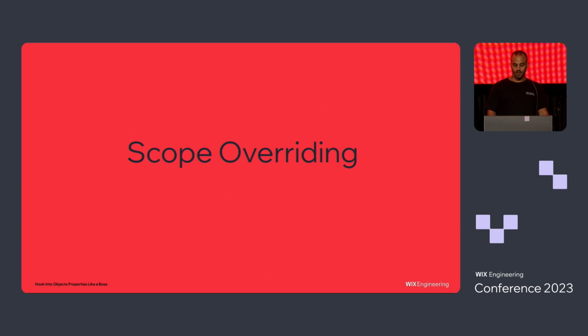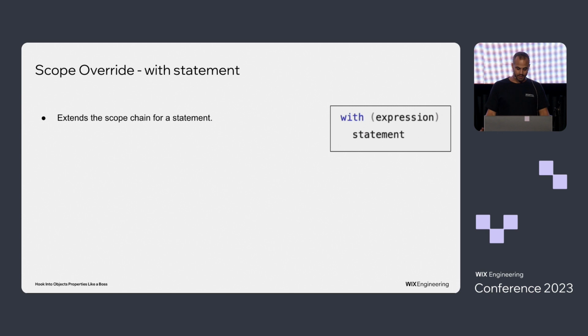Okay, another cool API that JavaScript has is scope overriding. The with statement allows extending the existing scope. What does it mean?